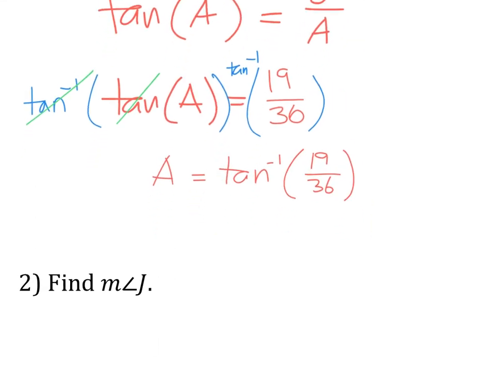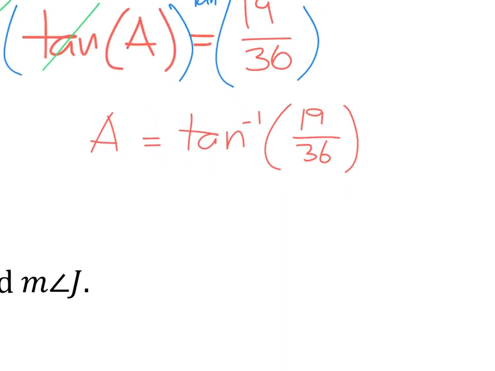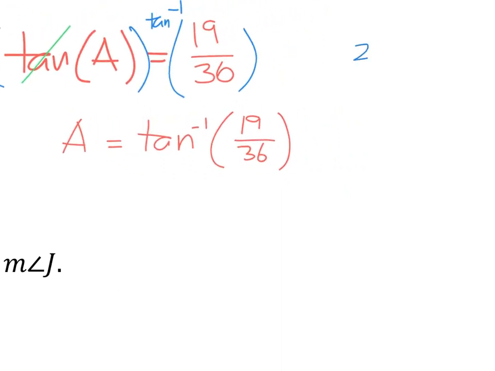On your calculator, if you look at the sine, cosine, and tangent buttons, right above them in light blue ink, you'll see that tangent inverse part. To use that function, you have to hit the second key in the top left-hand corner of your calculator. Hit that and then the tangent button, and that will show you this. Once you get to that, then you just type in your fraction.